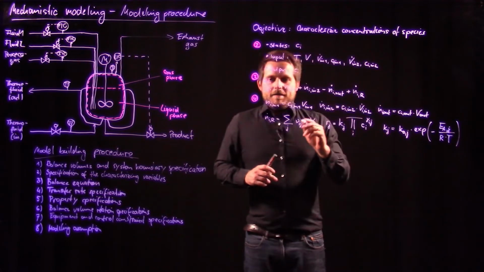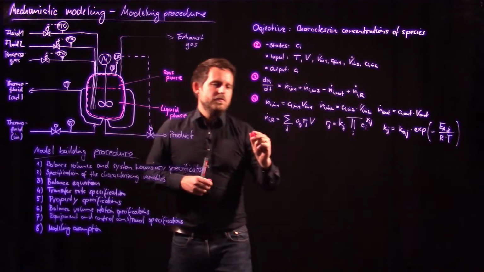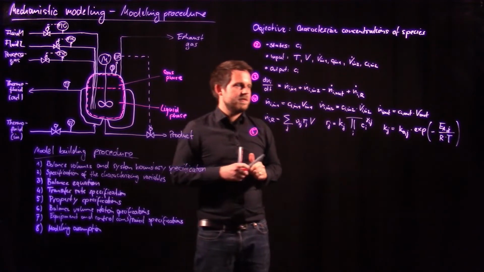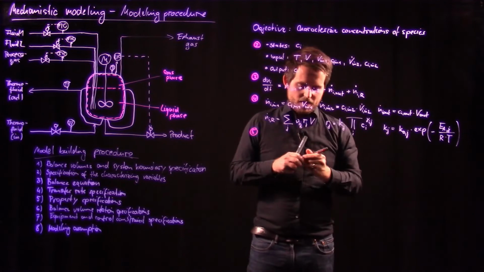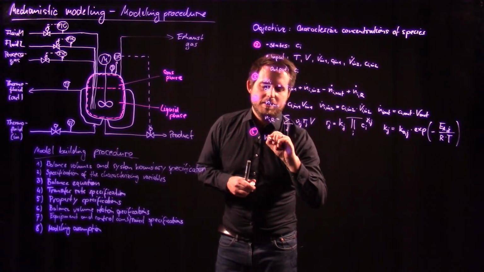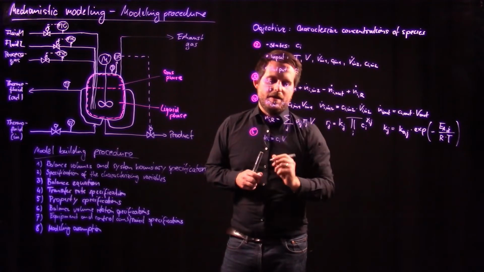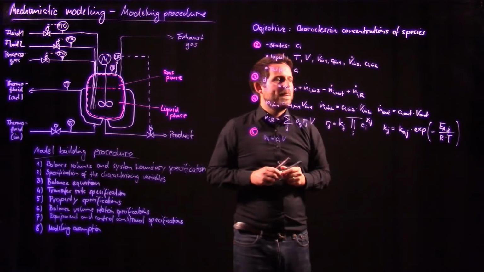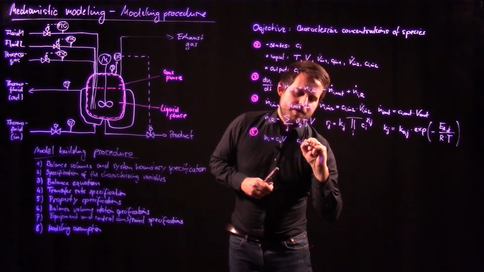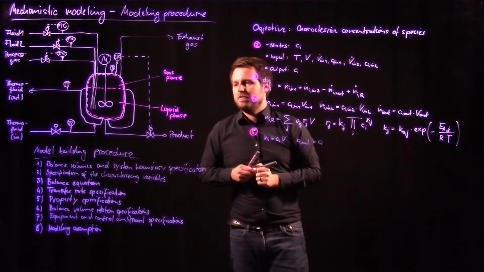And then if we look again into our modeling workflow, then we have the property relation specification. And here we say again that the holdup Ni is the product of the concentration and reaction volume. And we could also say that Ci out equals Ci, which is a very common assumption.